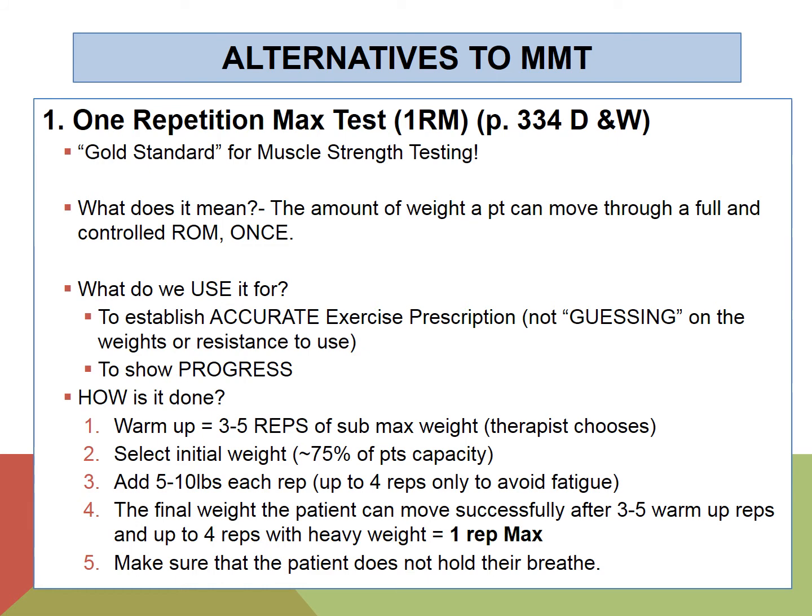And only up to a total of 4 reps can be performed, because at that point the patient will probably be reaching a point of fatigue, and so it would not be an accurate measurement. So the patient has up to 4 reps to decide what is their heaviest weight that they can lift for one repetition. It's important as the PTA, if you are performing this, to make sure that your patient does not hold their breath and maintains proper form.